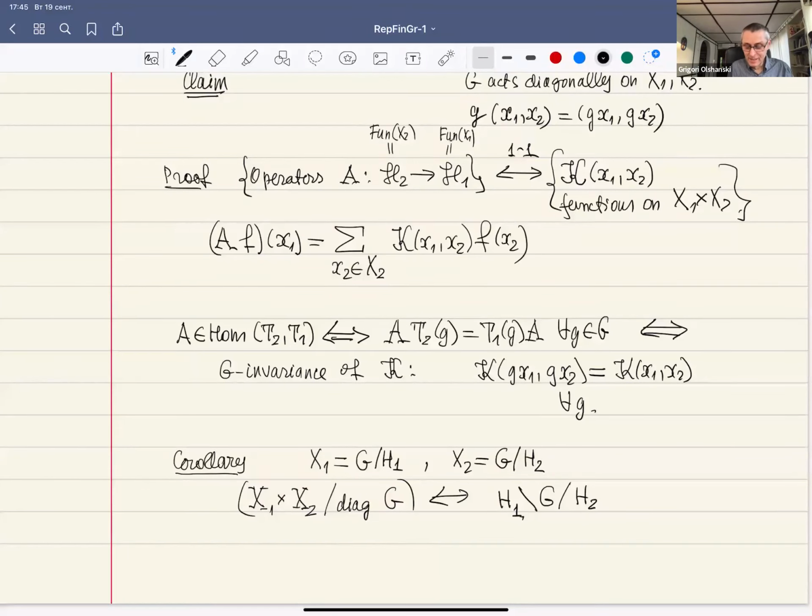Little exercise again, and then applying this claim, one can see that the intertwining number between two permutation representations related to these homogeneous spaces is equal to the number of double cosets with respect to these two subgroups.